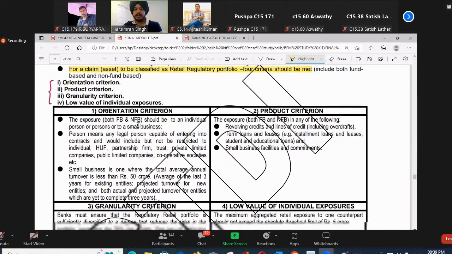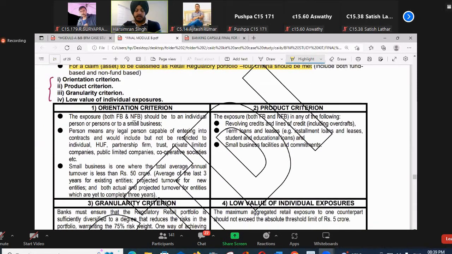Now, what are these 4 criteria? First is orientation exposure criteria. It says this exposure should be to an individual person or persons or to a small business.